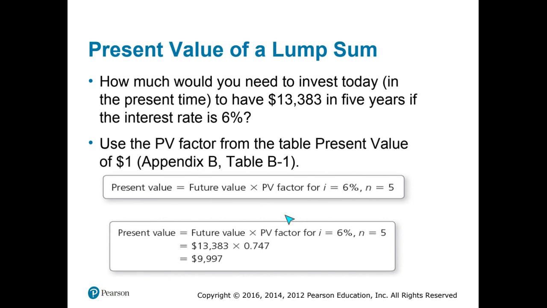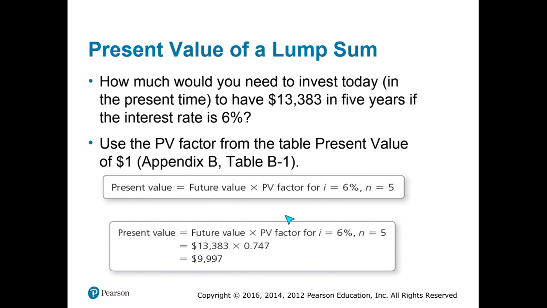I'm just going to walk around real quick, just in case. So for that one, the number of periods is 5, and then the percent is 6. So we're going to scroll over, and that's the factor that we would use, 0.747 right there. Did you find it? Perfect.